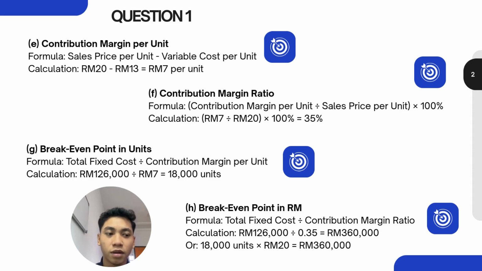And finally, the break-even point in sales value is calculated by dividing the fixed cost of 126,000 ringgit by the contribution margin ratio of 35%. Therefore, the break-even sales amount is 360,000 ringgit, which also means selling 18,000 units at a selling price of 20 ringgit per unit.